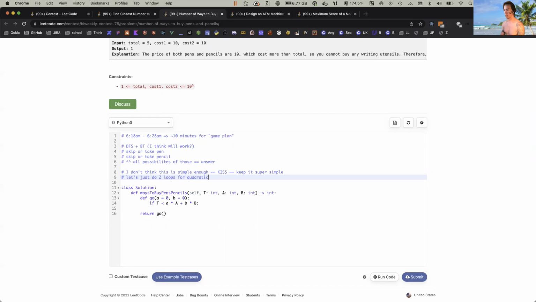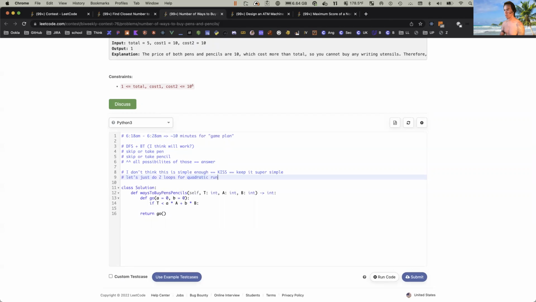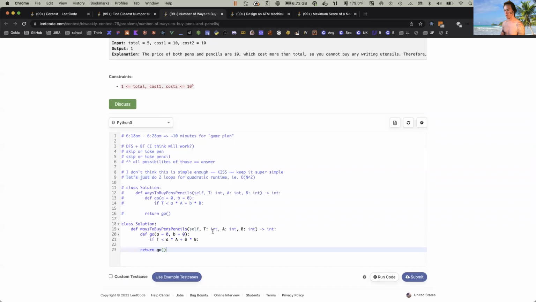Quadratic? Is it quadratic? Yeah. Quadratic runtime. That is big O of n squared. Okay, let's do this.